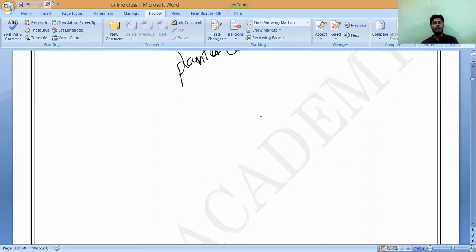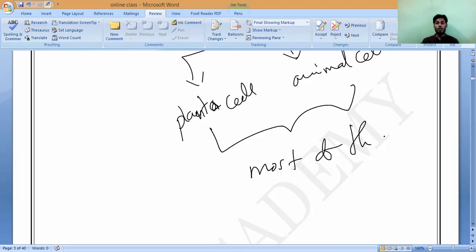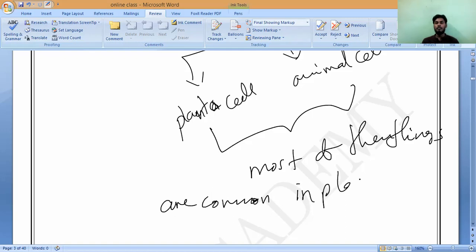If you consider the plant cell and animal cell, most of the things present inside the cells are common. Most of the things are common in plant cells and animal cells. Correct or not?